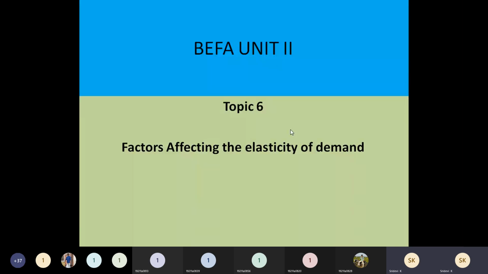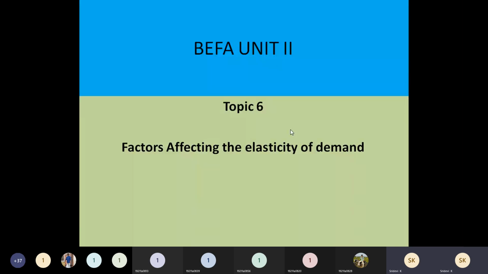or luxury. So if there are more substitutes available in the market for any product, there will be more elastic demand because the customer may shift from one product to the other product which is available at cheaper prices. So he may shift, so more elastic demand will be there.